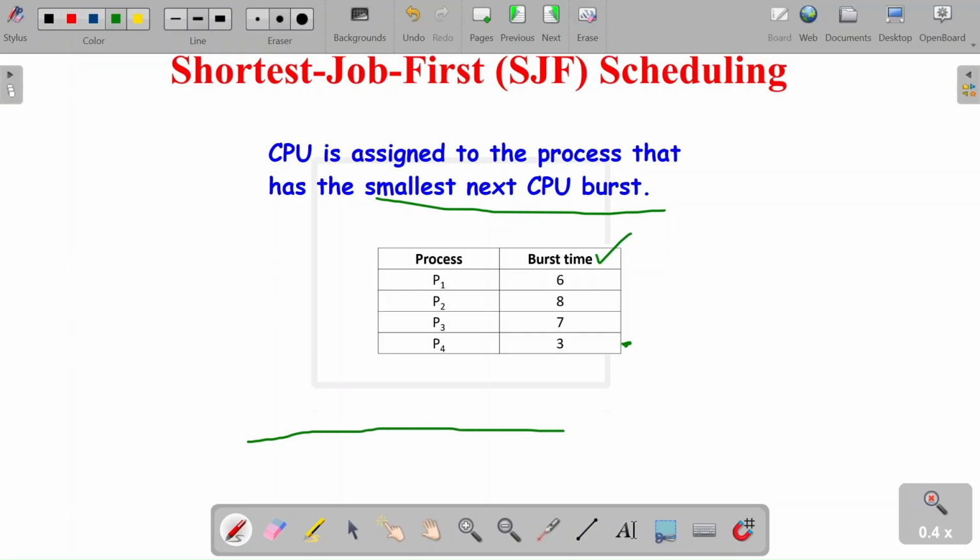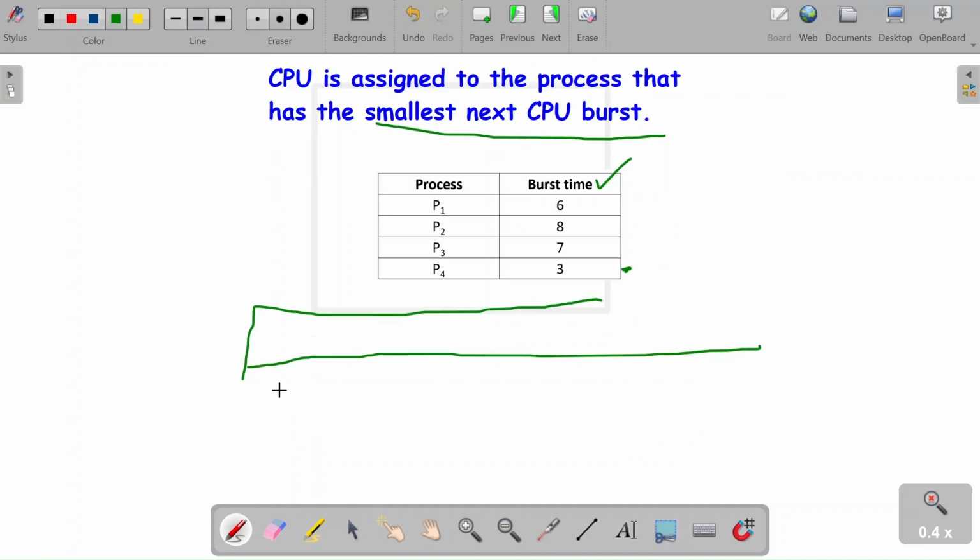Am I right? To make the chart, start with 0. Process P4 takes 3 units of time, so from 0 to 3 it is P4.